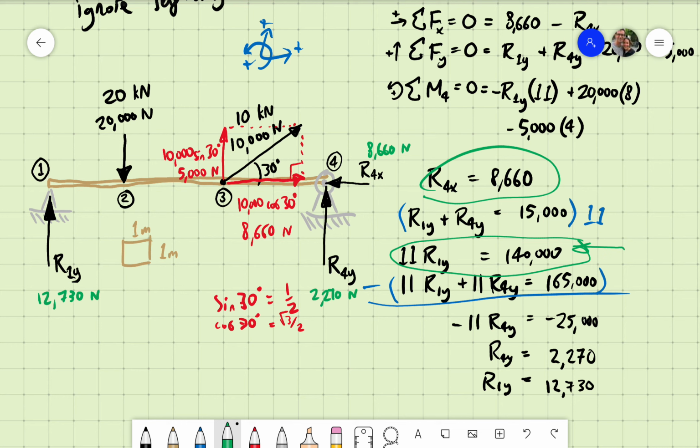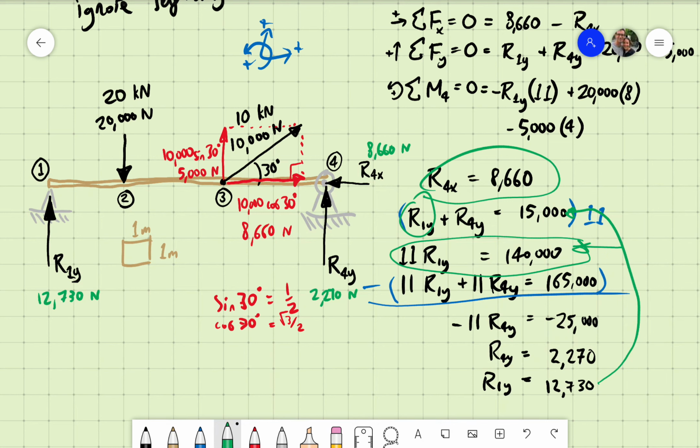And then I could have simply substituted the answer for R1Y into this equation before multiplying by 11. I didn't need to do the times 11 subtraction thing. I could have just put that in here, and then I would have instantly subtracted across and gotten the same answer for R4Y of 2,270, but it would have been slightly clearer.